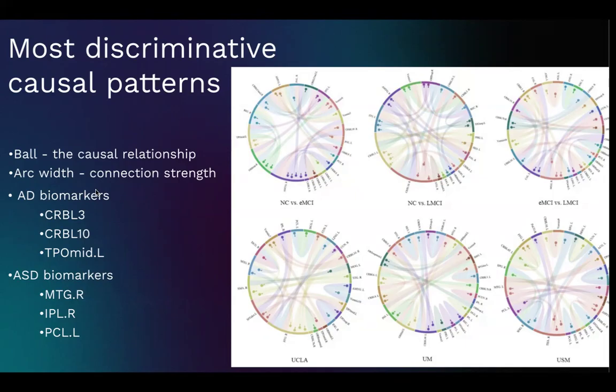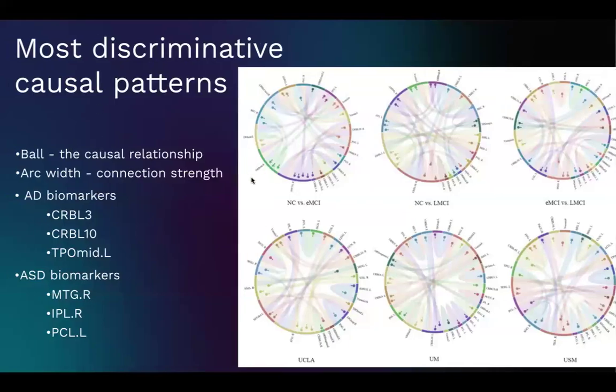And so this is what they were noticing here. These plots are hard to see, but the ball is representing the causal relationship, and the arc width represents the connection strength. So they were noticing these biomarkers for these particular groups. And they noted that it aligned with similar findings in other work.